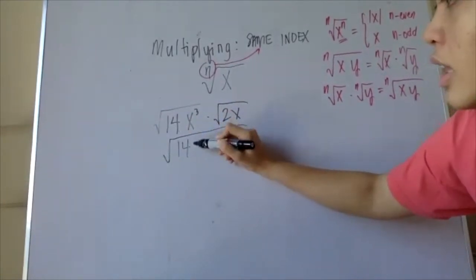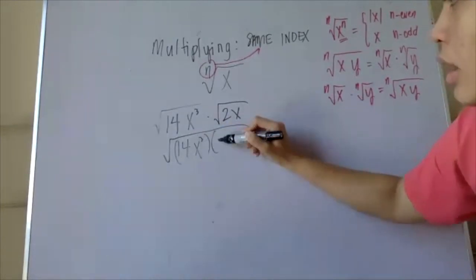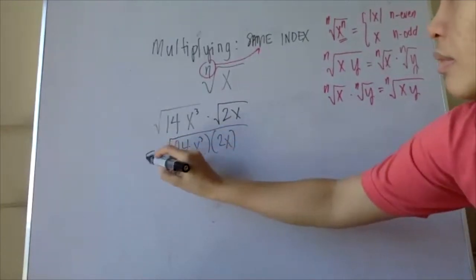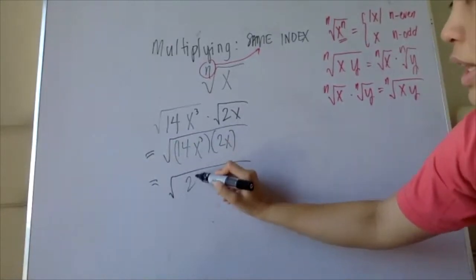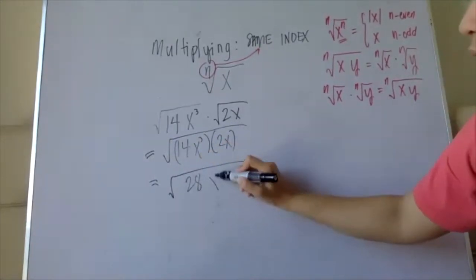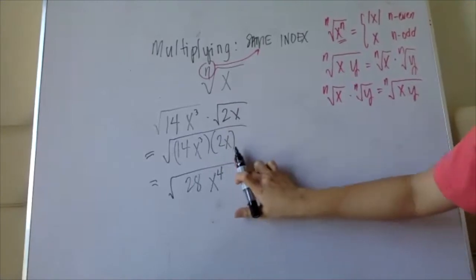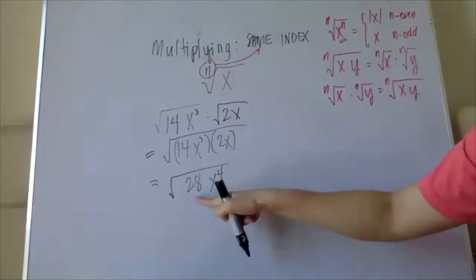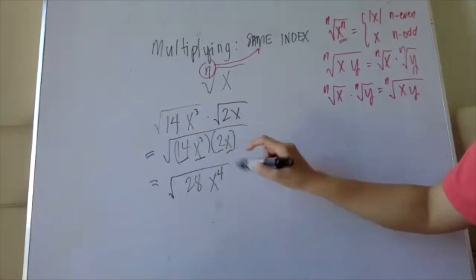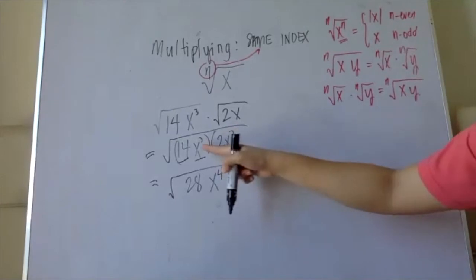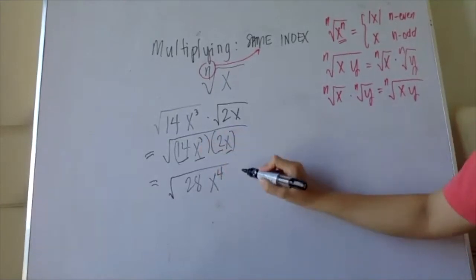So, 14x cubed times 2x. 14 times 2, that's 28. x cubed times x is equal to x raised to 4. You know how we got this, right? Multiply 14 times 2. Multiply x cubed times x, same base, so you add the exponents. 3 plus 1, that's why it became 4.